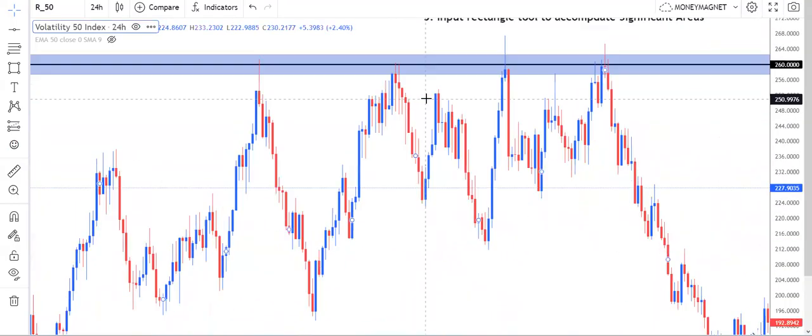So sometimes price comes a little bit close to the area, and then you want to look for price action. Sometimes we have an extension, as you can see here, a weak rejection, even though we had previously moved slightly past the line.